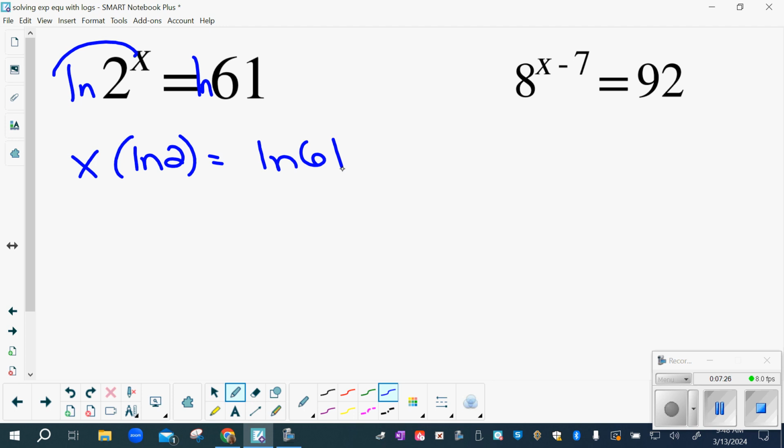Now, I just need to get X by itself. So I am going to divide by LN2 and LN2, and that is all on my calculator. So here we go. We're going to push it in very carefully. I get paranoid, so I put in the parentheses, because I'm always worried my calculator is going to try to take the LN of like 4 things.